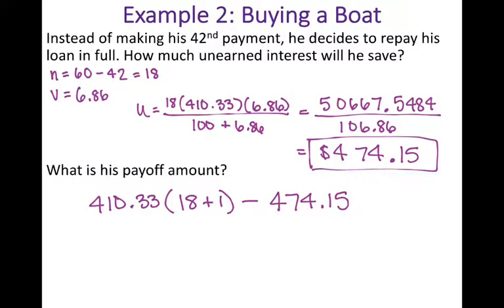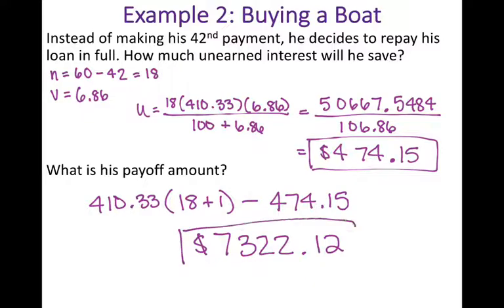Okay, so let's calculate what that is. So 410.33 times 18 plus 1, also known as 19, minus 474.15. So his payoff amount is $7,322.12.